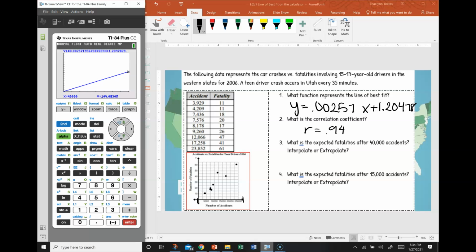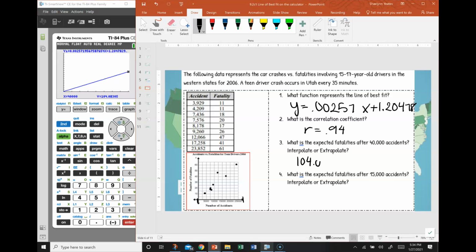And it tells me my Y value is 104.08. And if you look, my highest value is at 23,852 accidents. So is that in between my data, which goes between 3,929 to 23,852, or is it outside of that? It's outside, so we're going to say extrapolate.